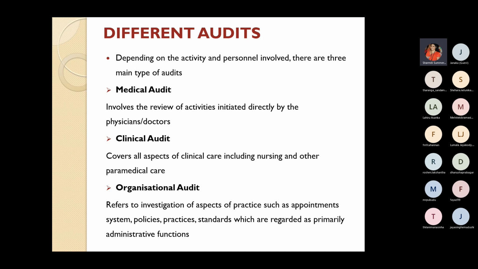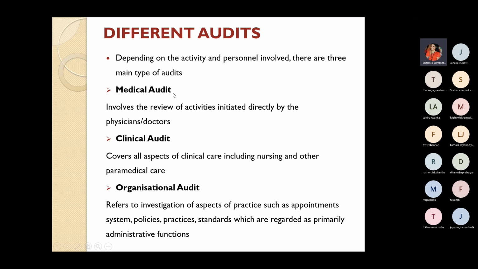The organizational audit refers to the investigation of aspects of practice such as the appointment system, policies, practices, and standards, which are regarded as a primary administrative function. For the organizational audit, we are talking about the higher management, the people dealing with policies, procedures, rules, regulations, and guidelines. Those administrative functions we classify as organizational audit.